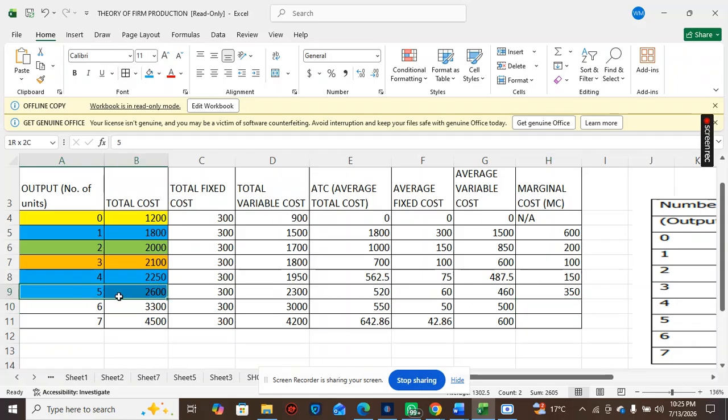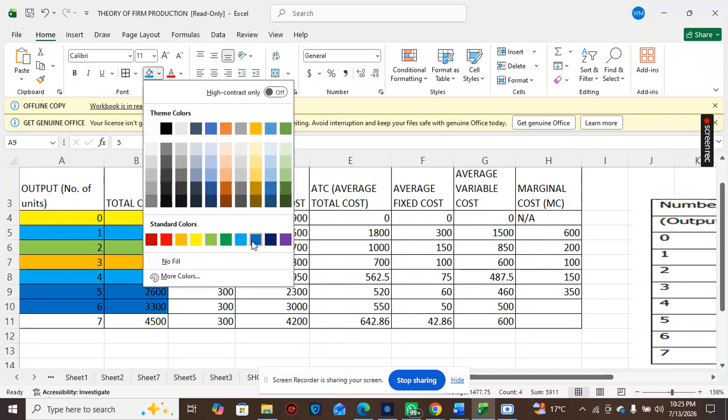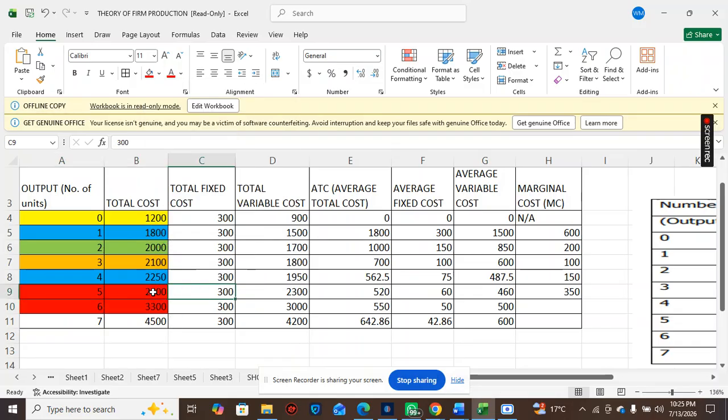When we move from 5 units to 6 units, the total cost increases from 3,300 to 2,600. So this sixth unit has brought an additional cost of 700.